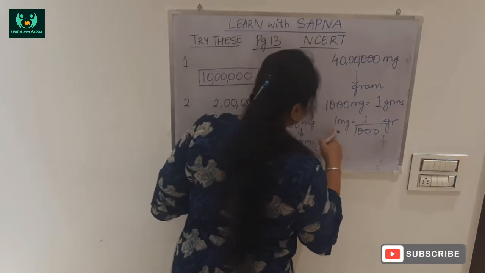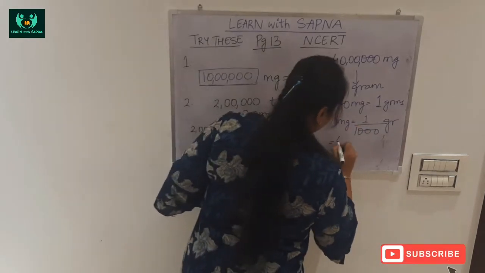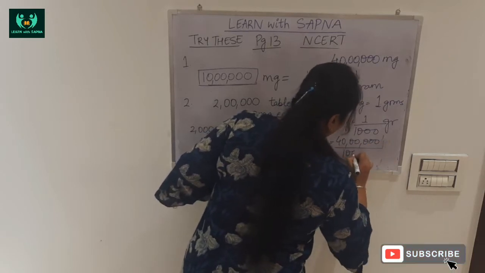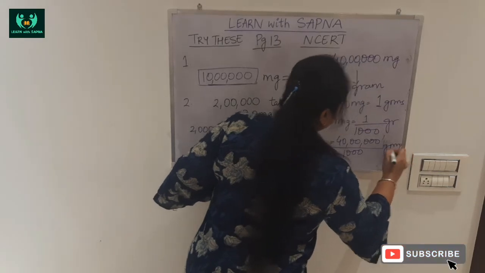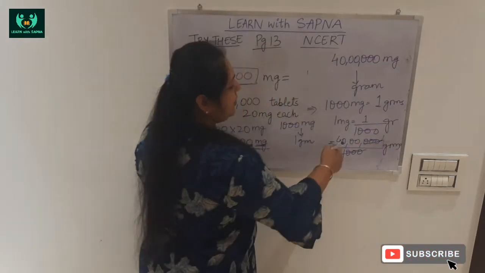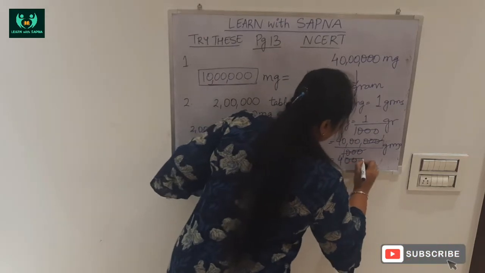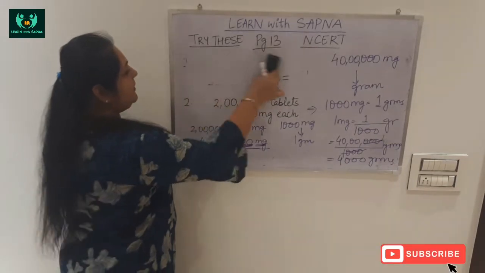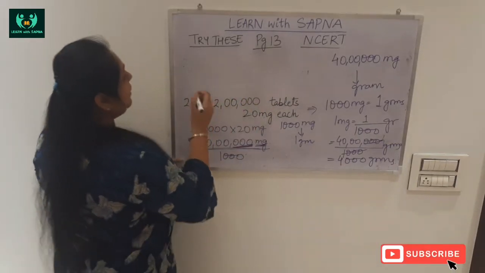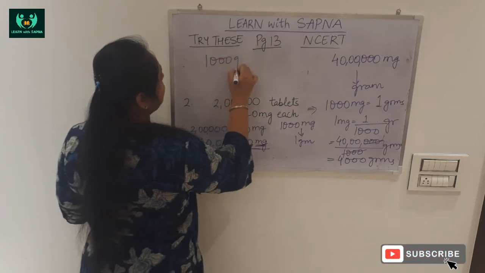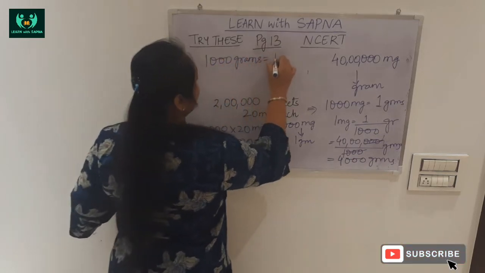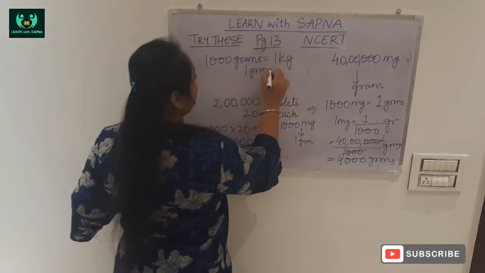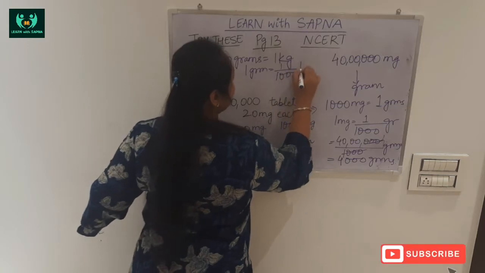So 40 lakh milligram will become how much? 40 lakh divided by 1000 grams. 3 zeros, 3 zeros. We are left with 4000 grams. Right? Also, we know 1000 grams is equal to 1 kg. So 1 gram will become 1 upon 1000 kg.